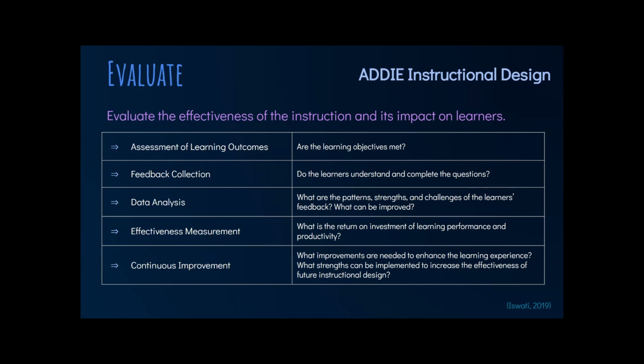Feedback from students: educators gather feedback from students about the learning materials, process, and experiences. Data analysis: educators analyze the data and identify the patterns, strengths, and challenges for improvement and enhance future instructional design and learning.